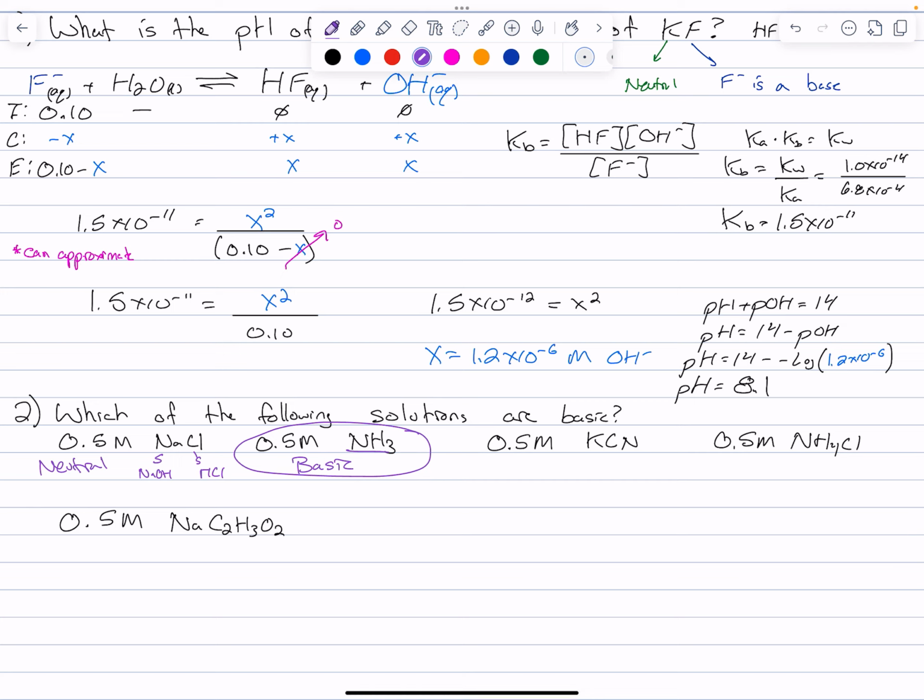KCN: strong KOH, CN, HCN, weak. So CN minus, is that a proton donor or a proton acceptor? Well, that's a proton acceptor, isn't it? That means this is basic.